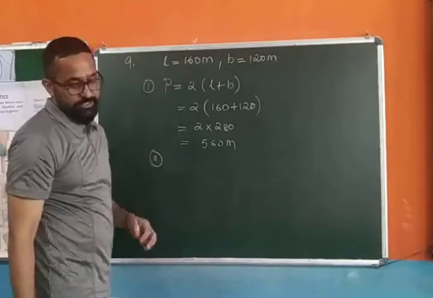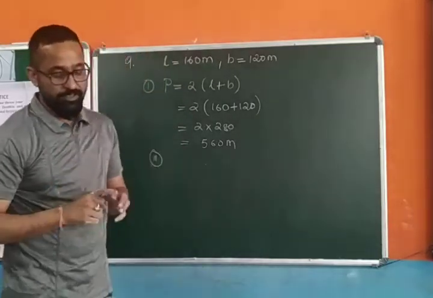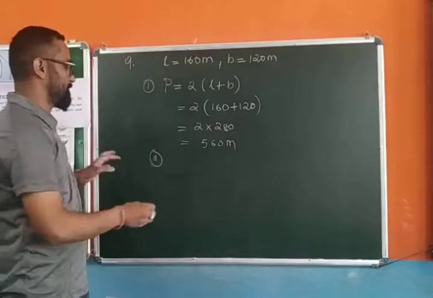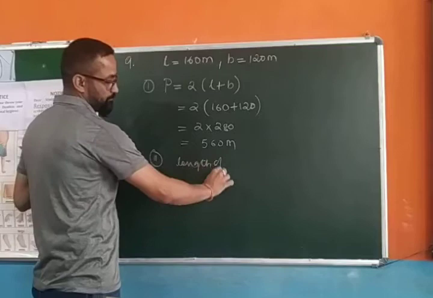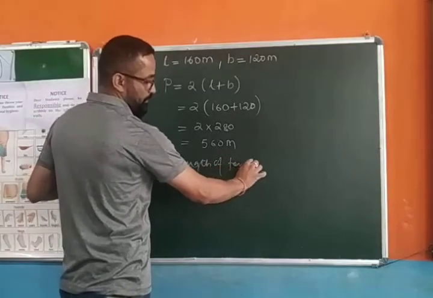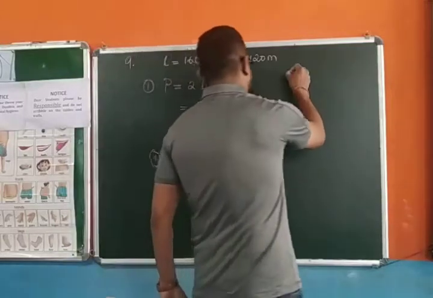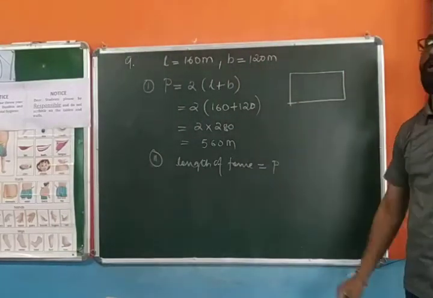Second one, question tells you to find the length of the fence required to enclose the field. Length of fence is equal to perimeter, because that rectangular field has to be fenced all around.